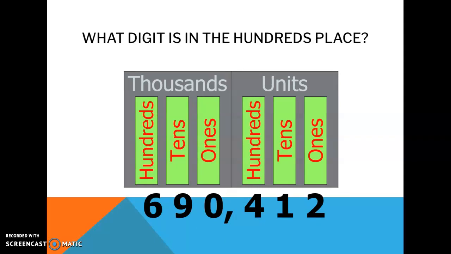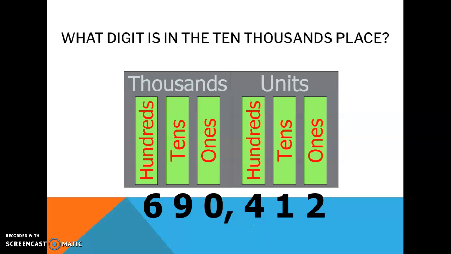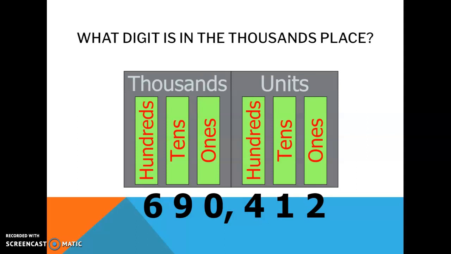What digit is in the hundreds place? That's right, the 4. 4 hundreds. What digit is in the 10,000s place? That's right, the 9. What digit is in the thousands place? That's right, the 0.